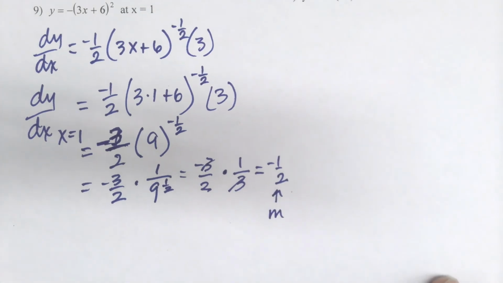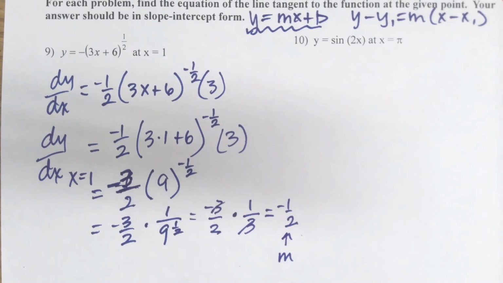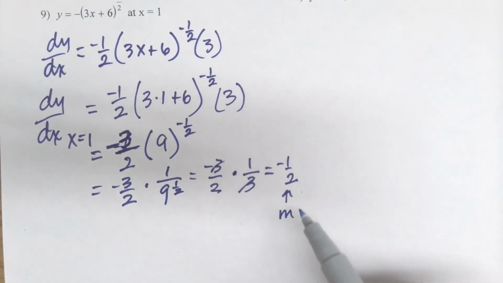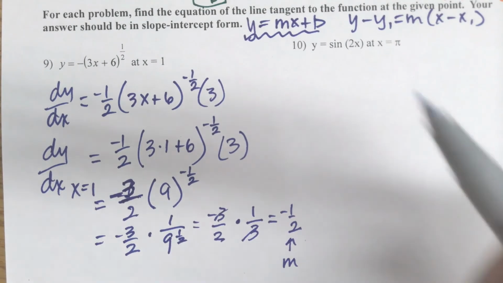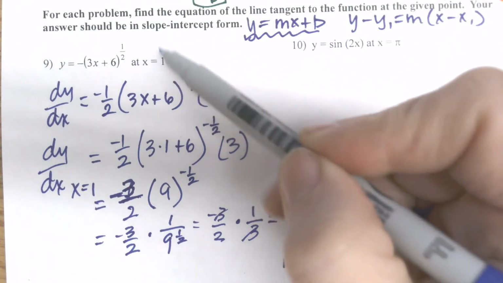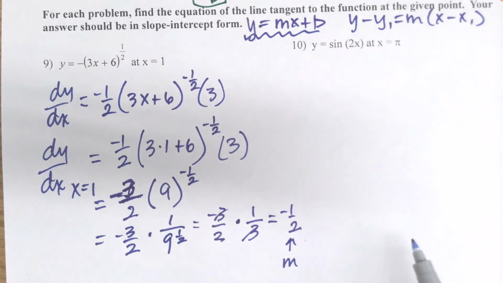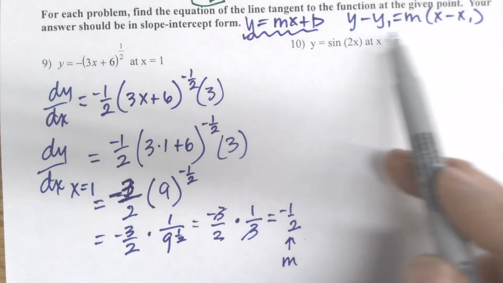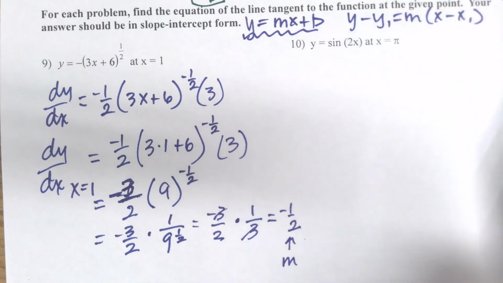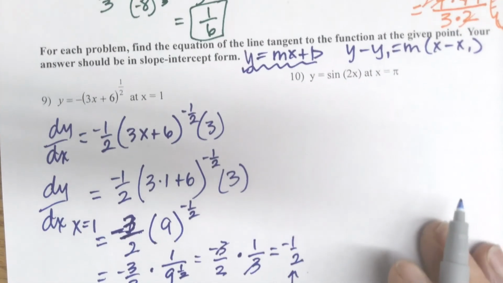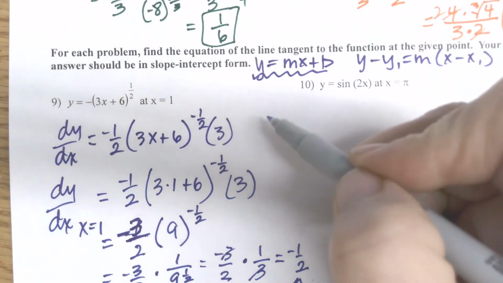It already feels like I've done a ton, but I am only here. Now I also have a little bit of a different problem for this one because they only gave me the x value. And I need an x and a y to use my point-slope form. So I found the slope. Now I need to go ahead and find the point.